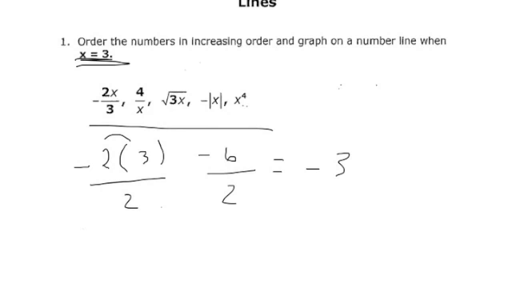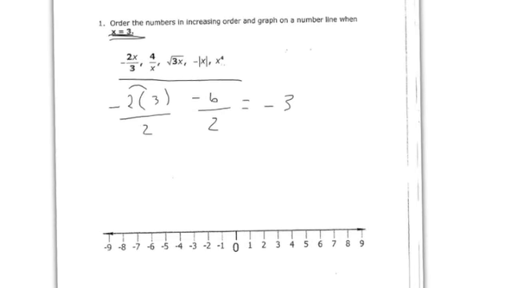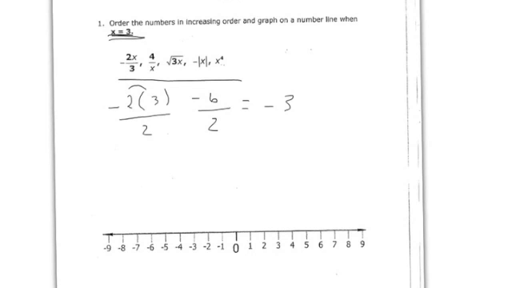Let's put that on our number line. So we have negative 3, and we're going to put that right there. Oops, not a very good drawer. Okay, so that's negative 3 for the first one.